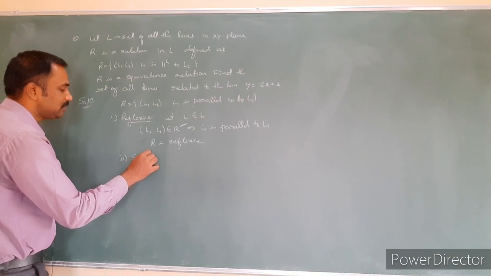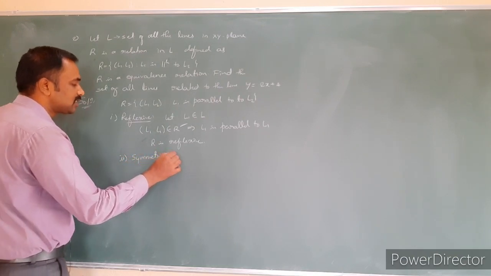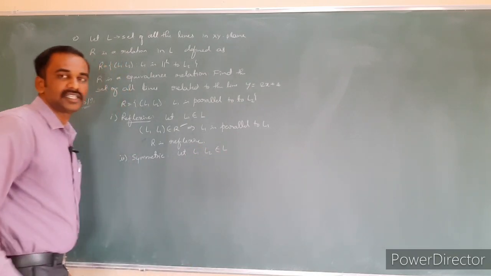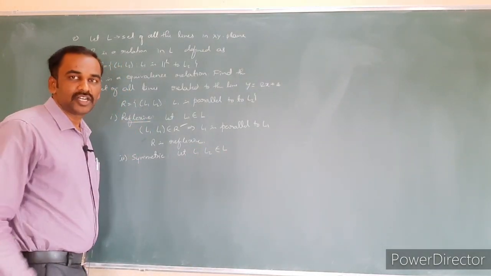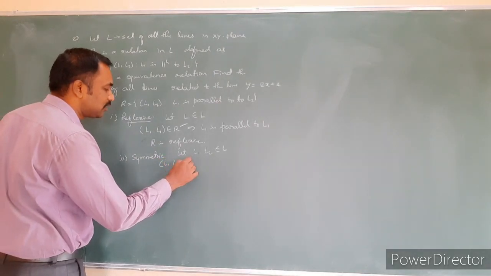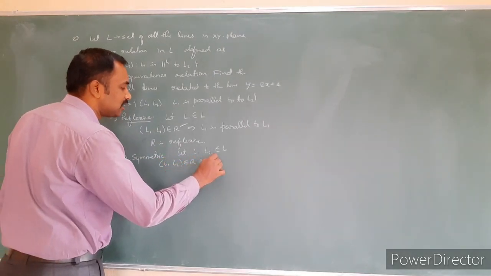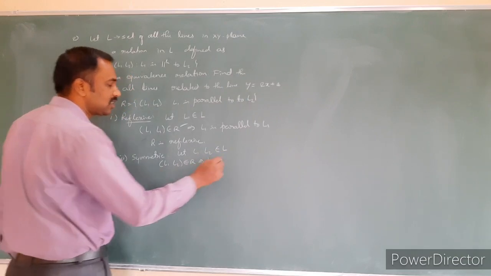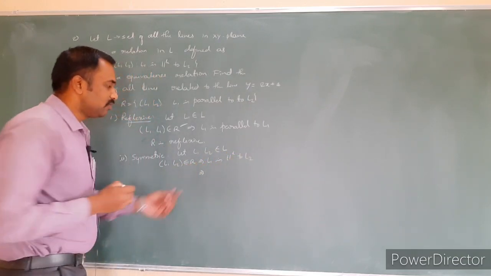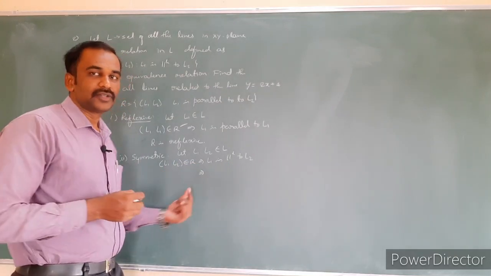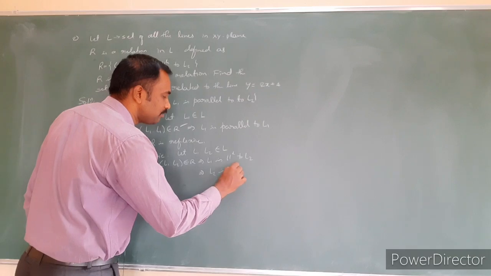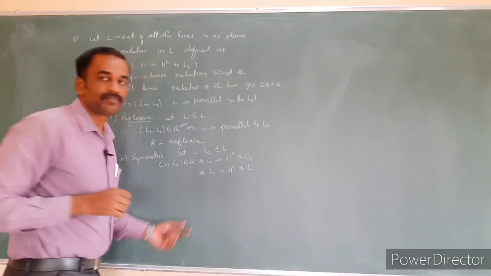Next, second thing, symmetric. To discuss symmetric, take two lines L1 and L2 belonging to the set L. Choose an ordered pair which is already present in the relation R: (L1, L2) belongs to R. That is nothing but L1 is parallel to L2. Now can I write this statement as L2 is parallel to L1?